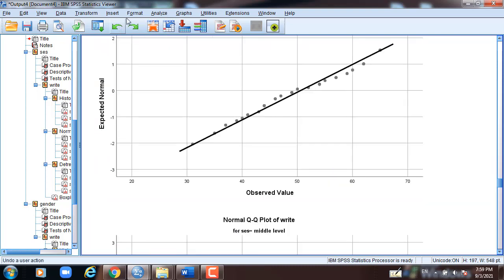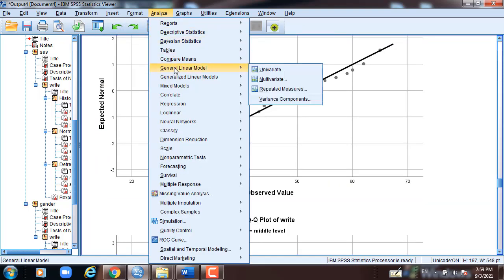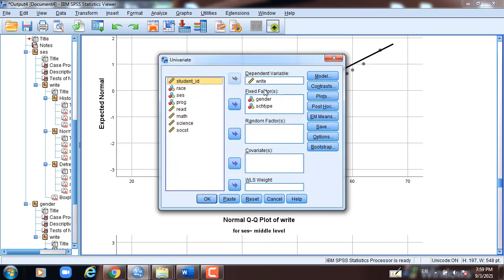I'll go to Analyze, General Linear Model, because we have two-way ANOVA, and then just reset, put the dependent variable here, independent variables gender and SES, and then Contrasts, continue, Plots.